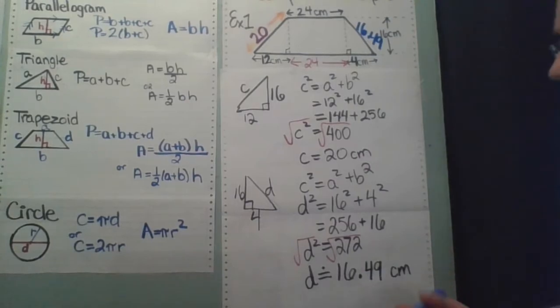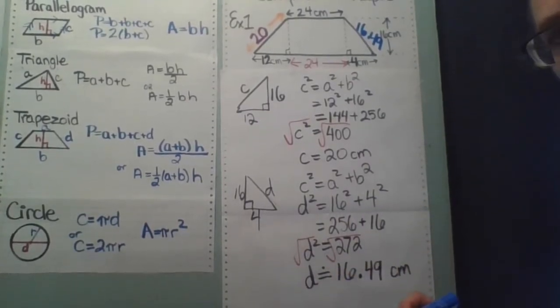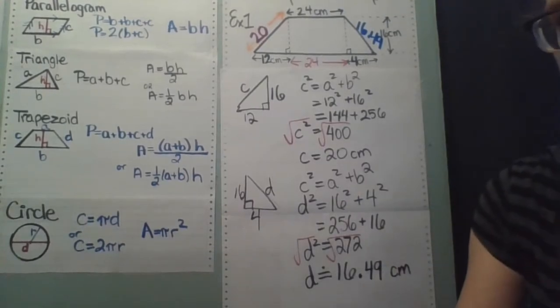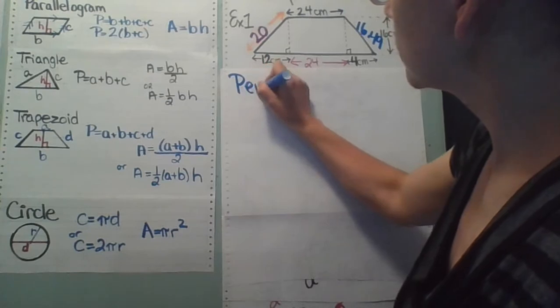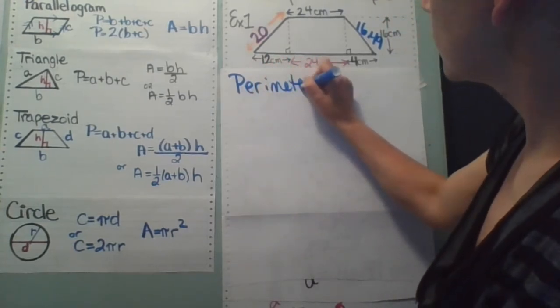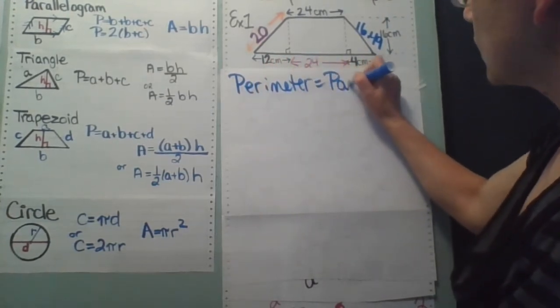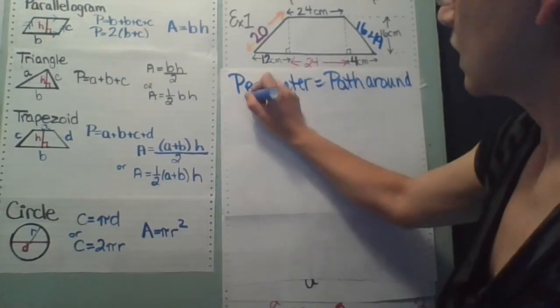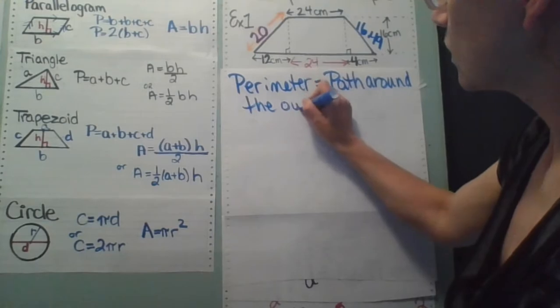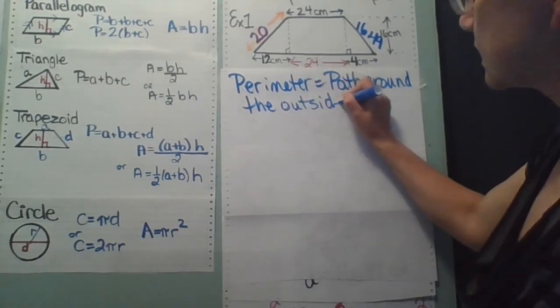So perimeter, remember, is the path around the outside, right?